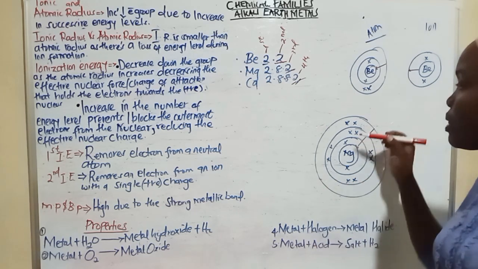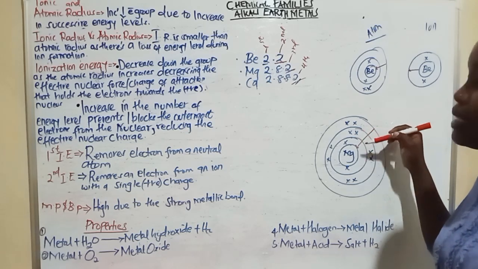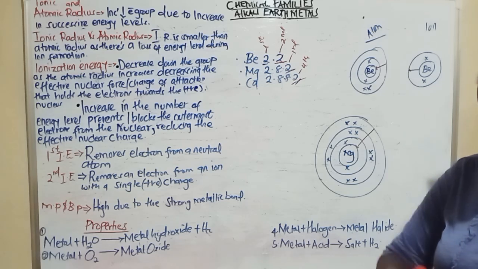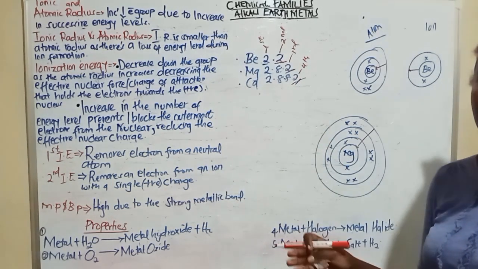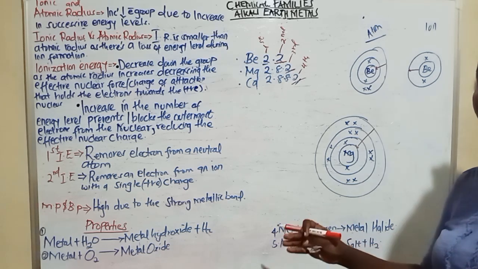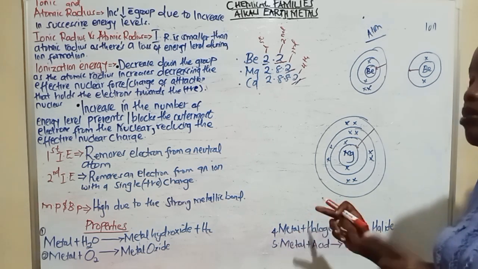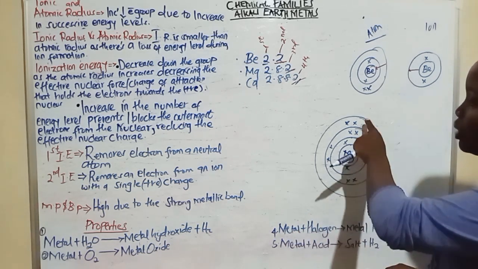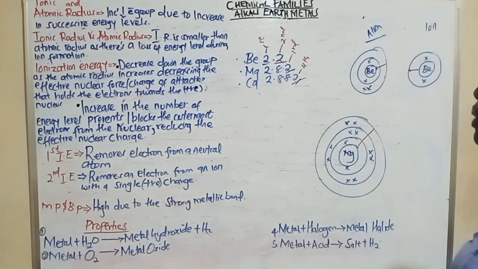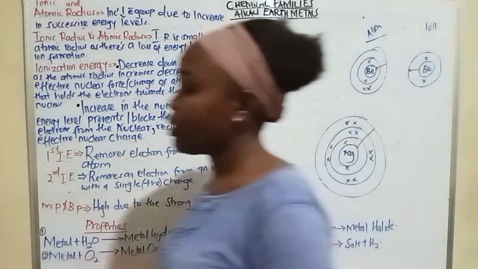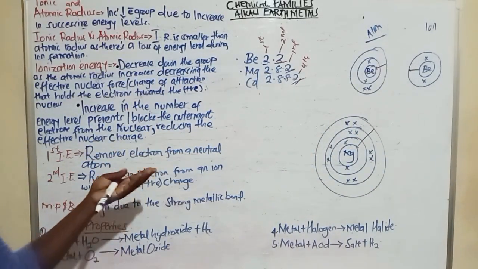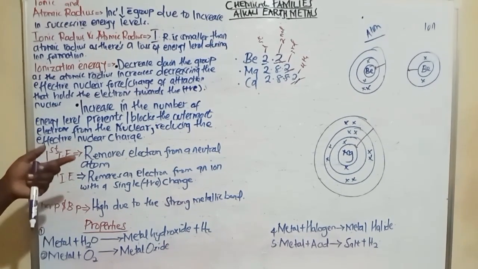This is because the other electrons in the respective energy levels, which are closer to the nucleus, are shielding the electrons which are far from the nucleus from getting the full nuclear force of attraction, or the full nuclear charge, which is responsible for holding the electrons together in an atom. Okay, so now let us talk about the first and the second ionization energy. What is the first and the second ionization energy?